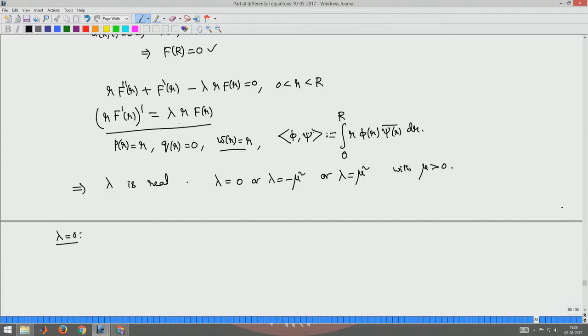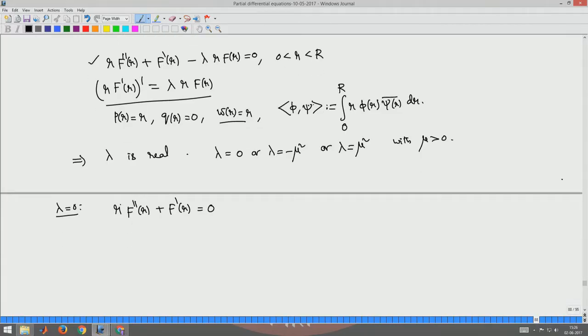If you choose that, this equation becomes r f double dash of r plus f dash of r equal to 0. You can rewrite this by multiplying both sides by r. So, when lambda equal to 0, this is your equation.